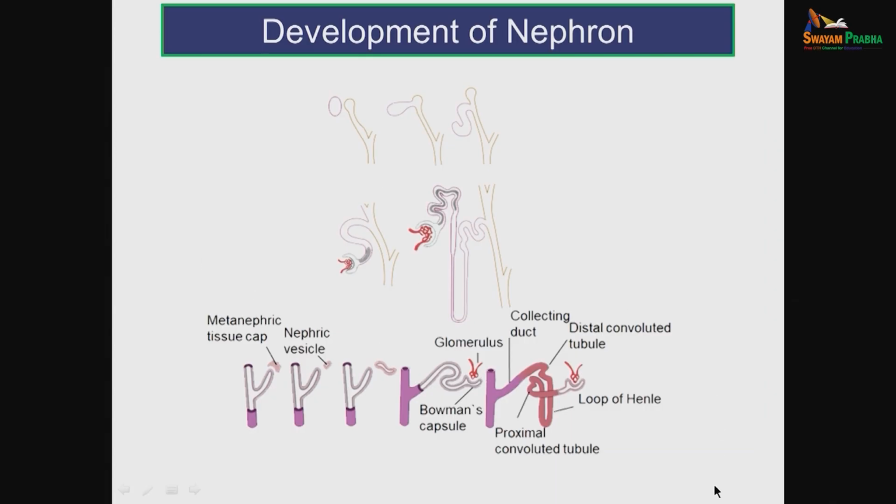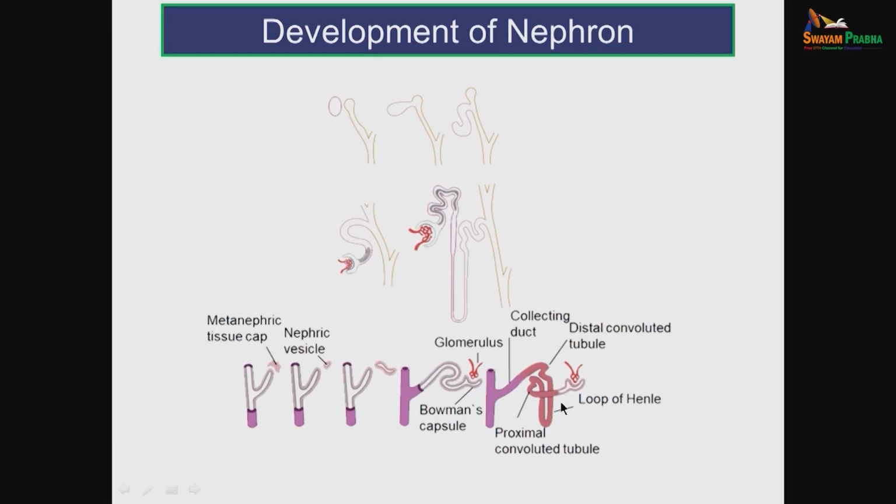So, this is a picture to show the various stages in the development of the metanephric blastema. Initially, it is in the form of a cap. This is called the cap stage. Then it becomes a vesicle. Then it becomes comma shaped. Then it becomes S-shaped.